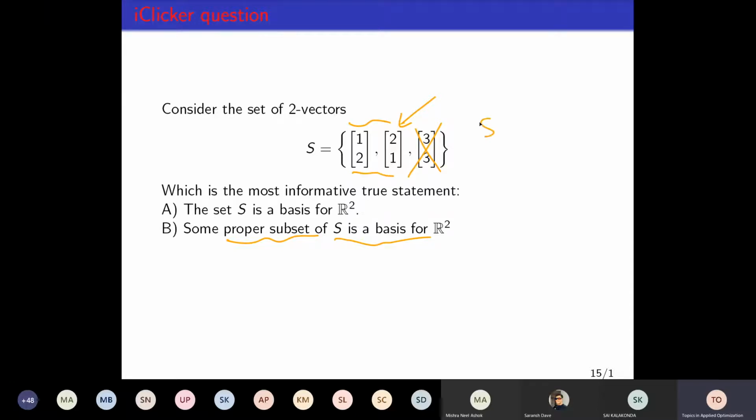So this will be the reduced set S hat: 1, 2, and then 2, 1. So some proper subset of S indeed can be a basis. Next option: each pair of vectors in S is a basis for R2. So if you pick any two, that will form a basis of R2. Do you agree with this?